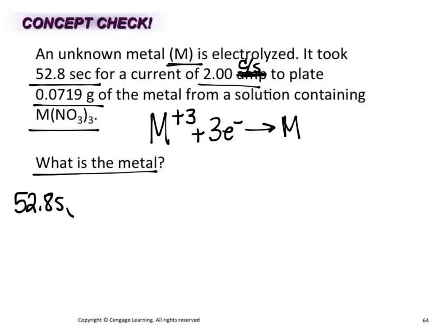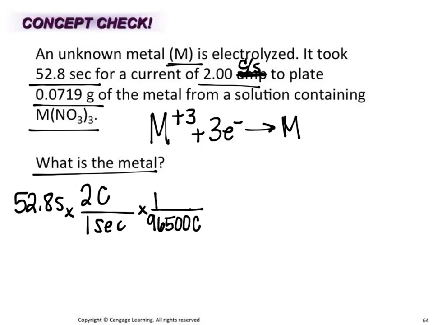So I can use coulombs per second: 2 coulombs per 1 second. Now that we're in coulombs, what's next? Faraday's constant, 96,500 coulombs for every 1 mole of electrons.